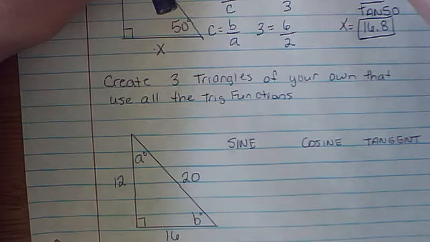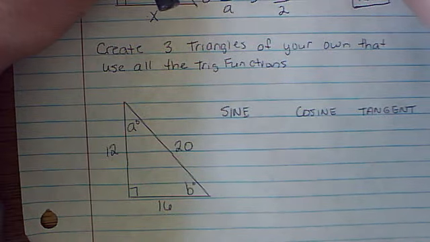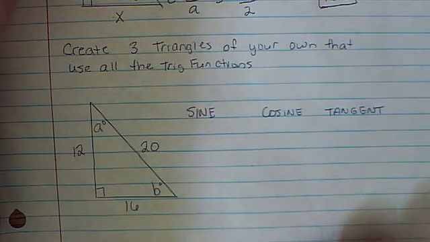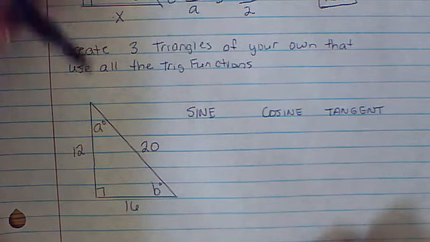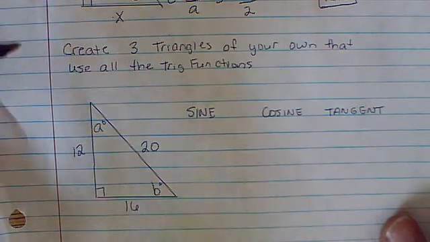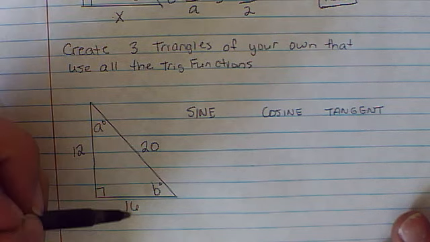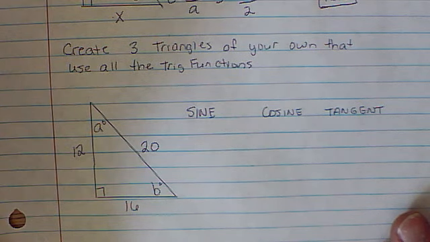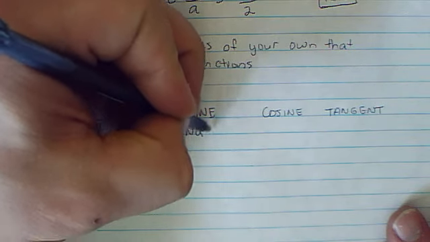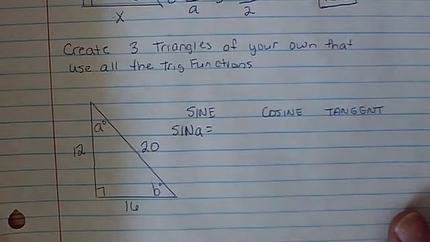The second part of this is finding the angle measurements, knowing the side lengths. So I'm going to show you how you can use sine, cosine, or tangent to solve for A or B in this triangle. In this triangle, I have the side lengths of 12, 16, and 20. Let's say that I wanted to solve for angle A. So I wanted to find the sine of whatever A is.